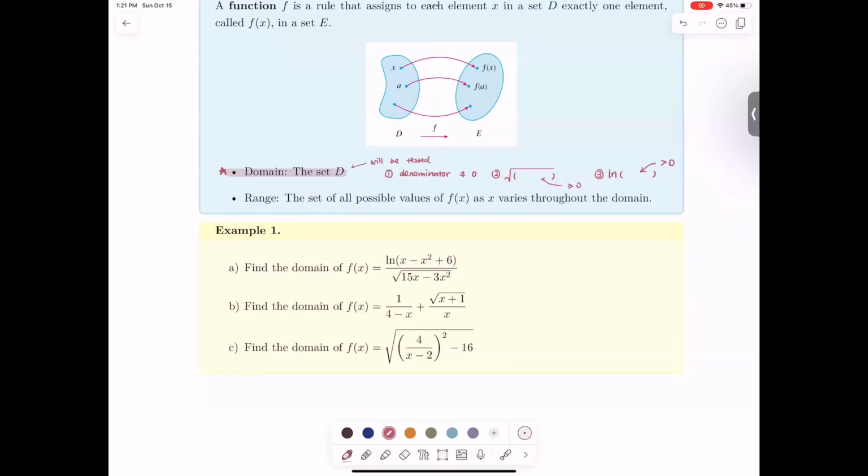What about trig functions? Those are for general functions, right? But if we have trigonometric functions, would that affect our domain and range? Yes. For example, which one specifically?